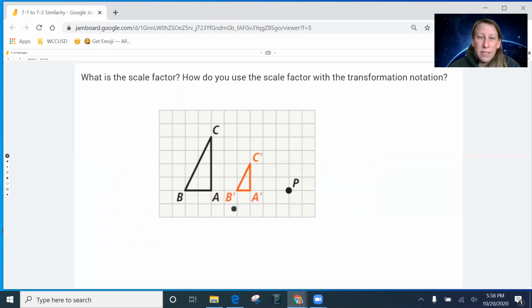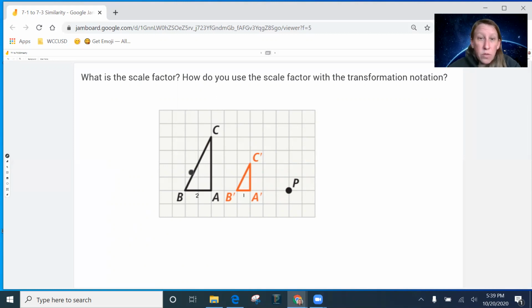It kind of depends. One way to look at this is that from A to B is 2 units, and from A prime to B prime is only 1 unit. So what does that mean? Do they look like the same size? Good.